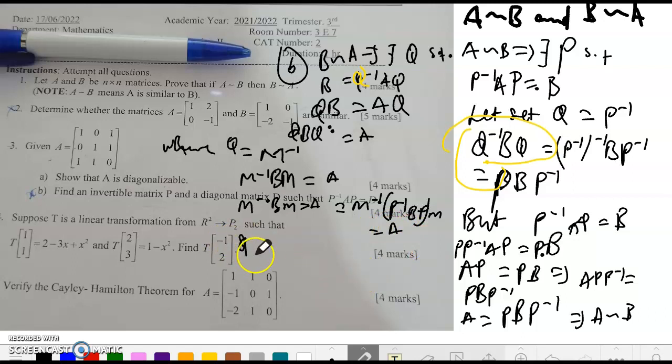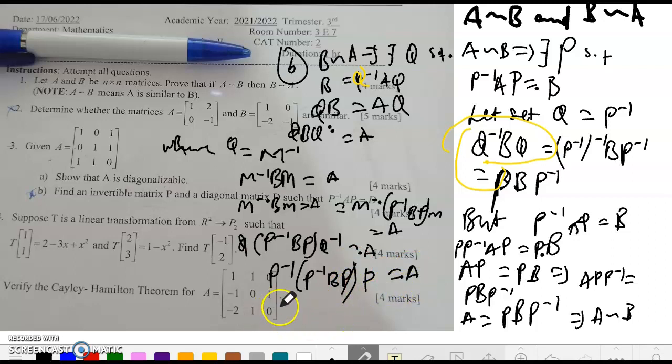So therefore Q into P inverse of BP into Q inverse will be equal to A. And if this is equal to A, what this tells you is that instead of Q here, we will have P inverse, then we have BP, and this will be equal to A, such that K will be equal to P inverse into P inverse.